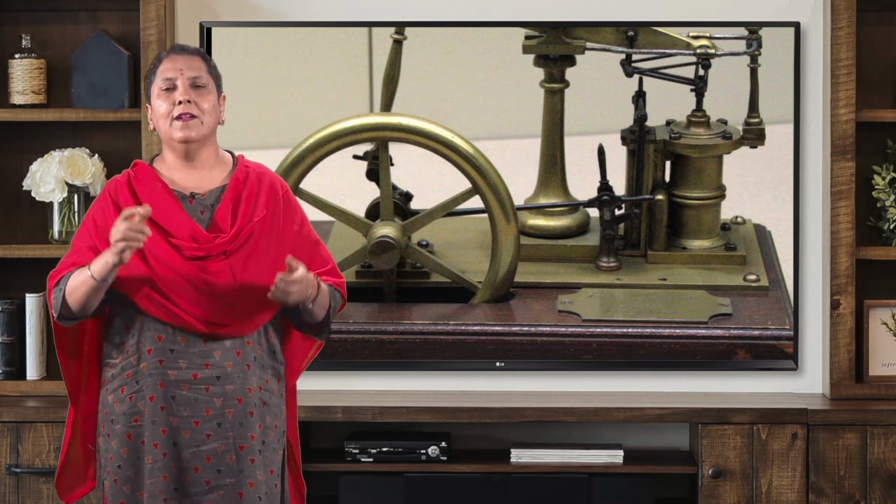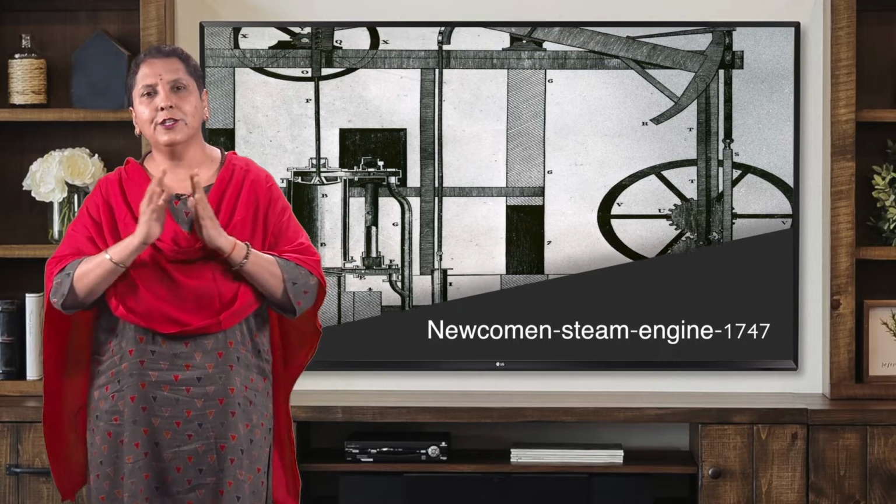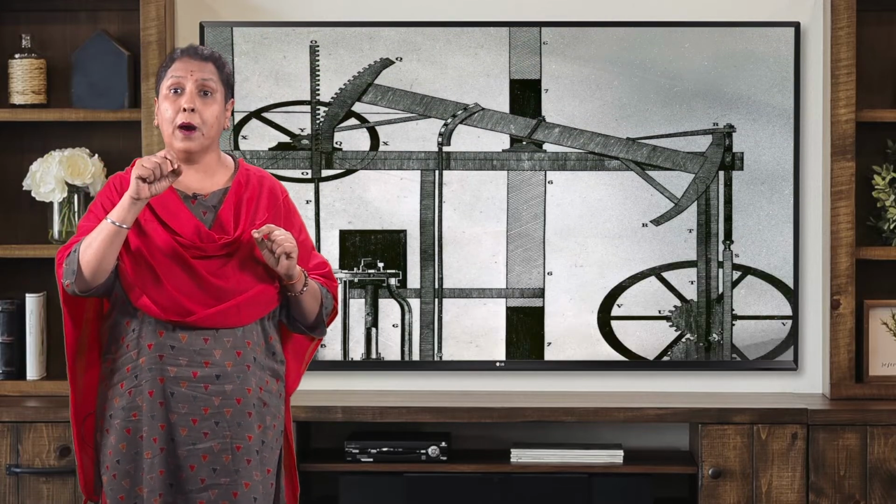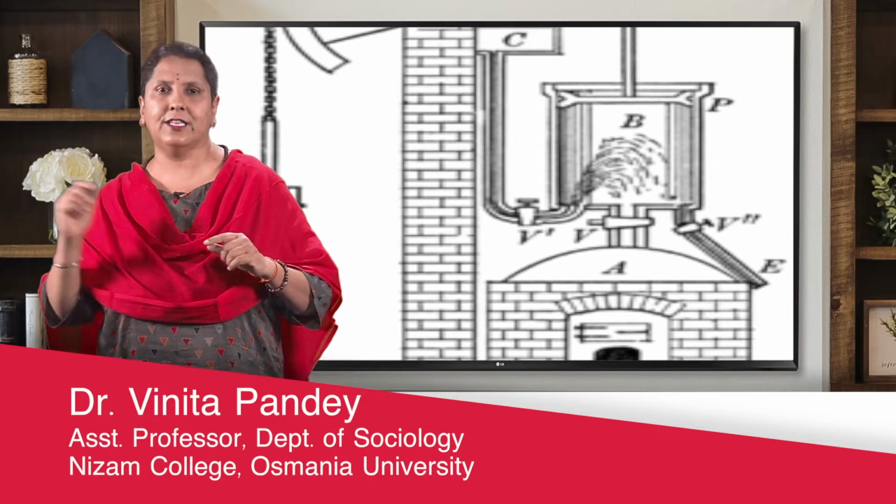So, the first modern steam engine was called the atmospheric steam engine. Newcomen's invention was originally applied to power the machines used to pump water out of mine shafts.